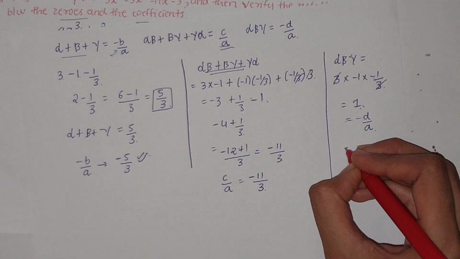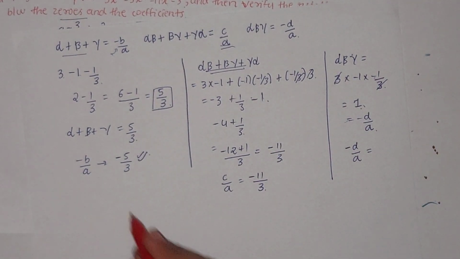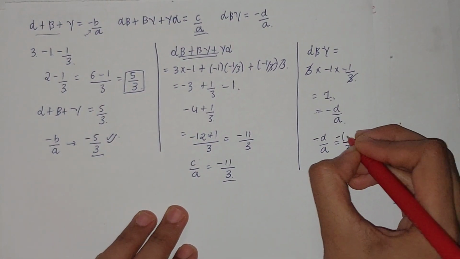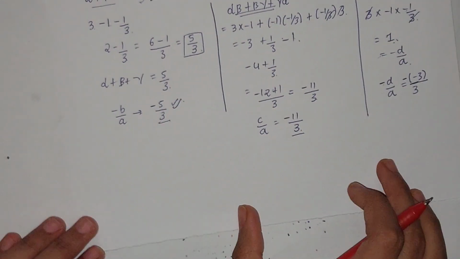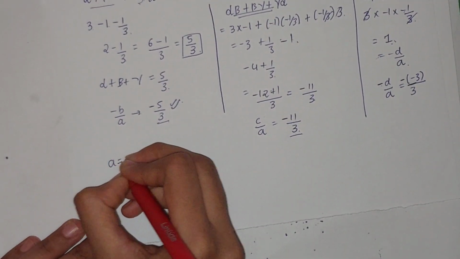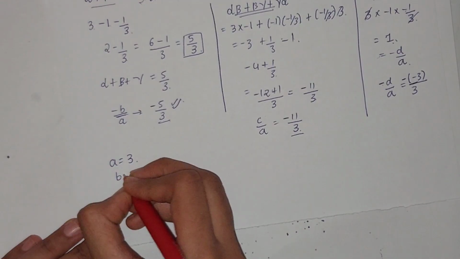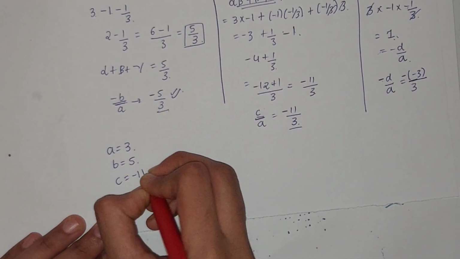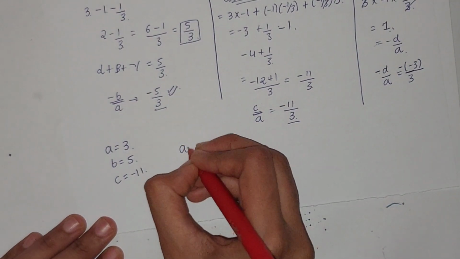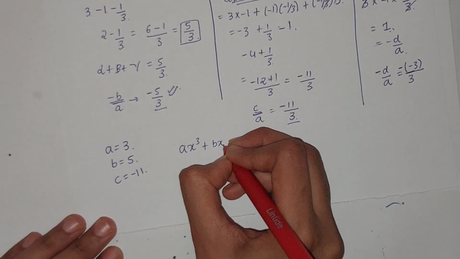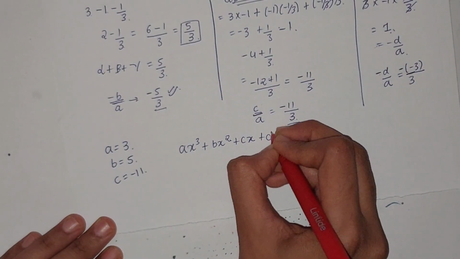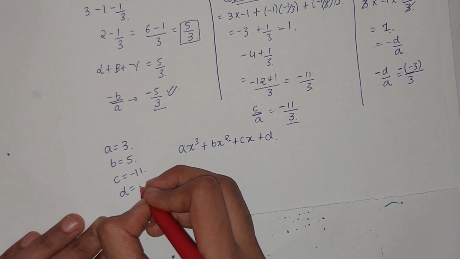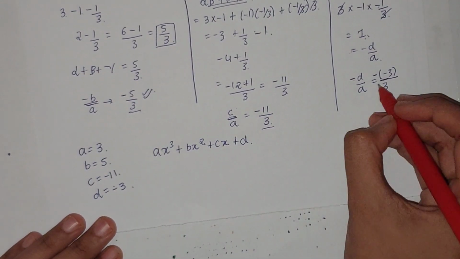See, my minus d by a we have come to know from here that it is 3. Now 1 can be written as minus of minus 3 by 3. So from here, a is equal to 3 and b is equal to 5, okay, and c is equal to minus 11. Yes, now substitute in our general formula, ax cube plus bx square plus cx plus d. d from here it is 3, right? Minus 3. Yes, minus 3.